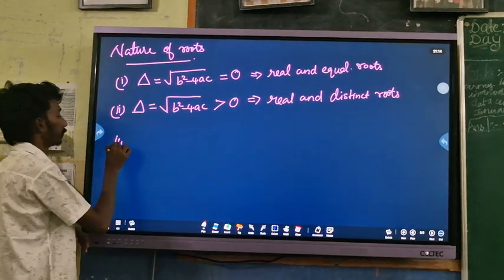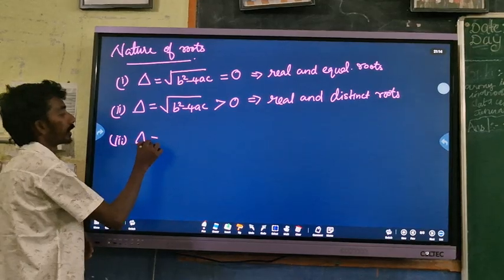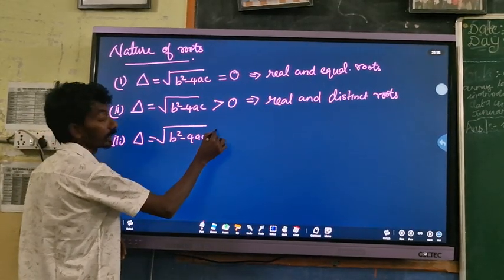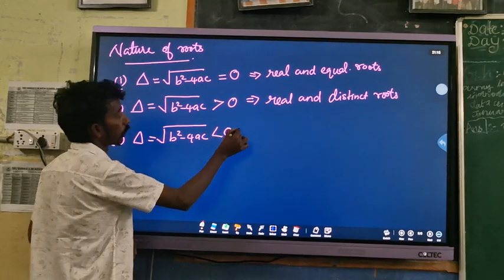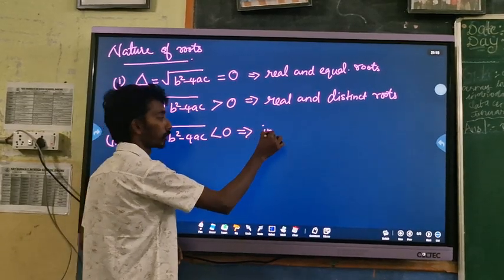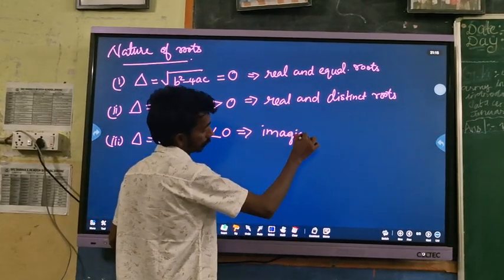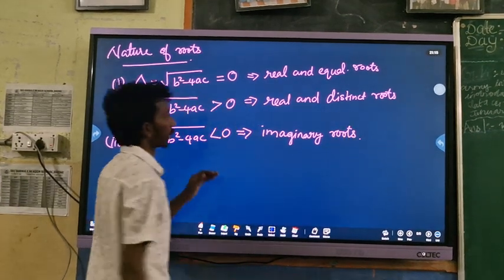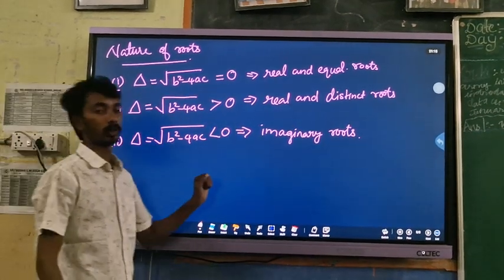Last one: if the determinant value b square minus 4ac is less than 0, we will have imaginary roots. So these are the three cases. So thank you, teachers.